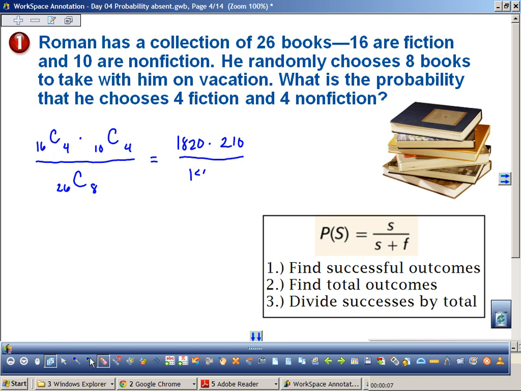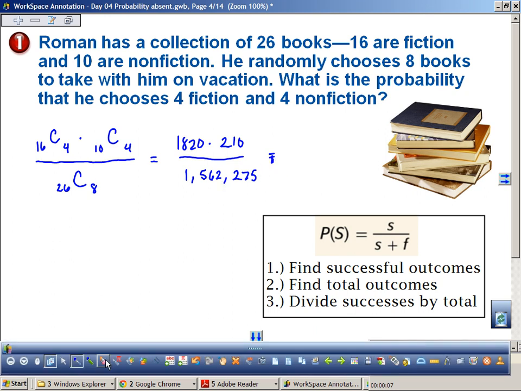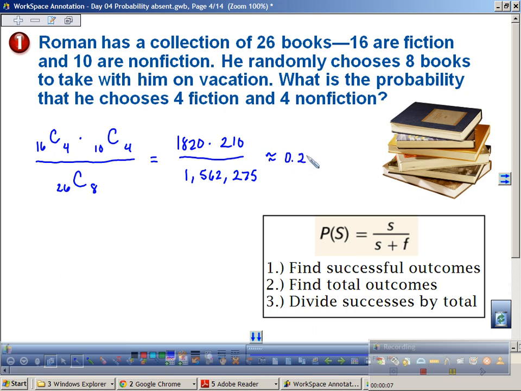It's in the million. 1,562,275. Can't erase and I don't have this plugged into the board. Okay. Which gives me about 0.24464.